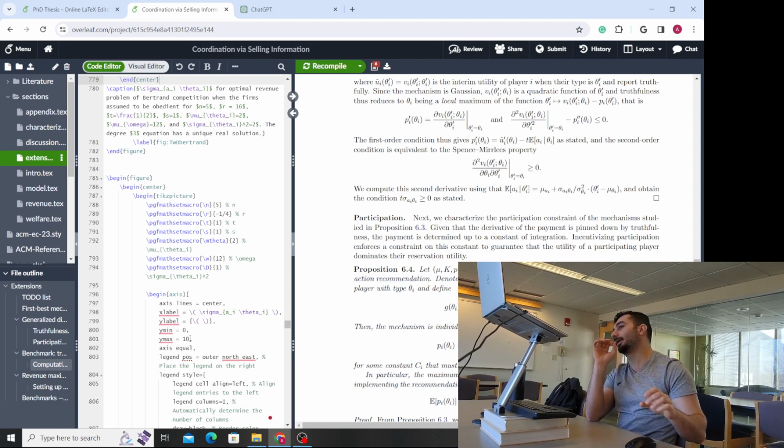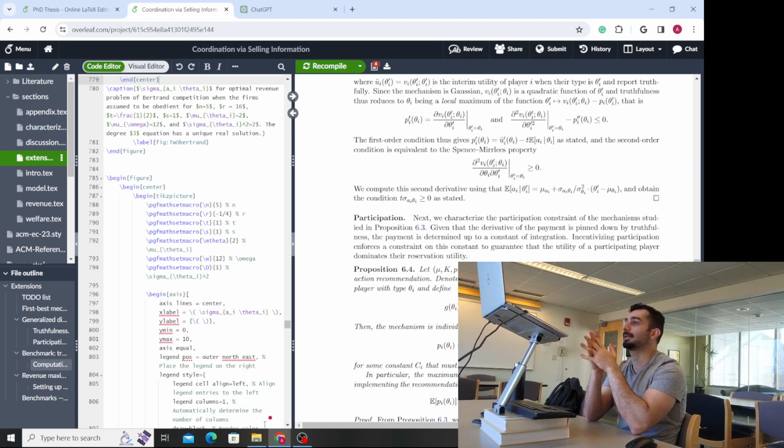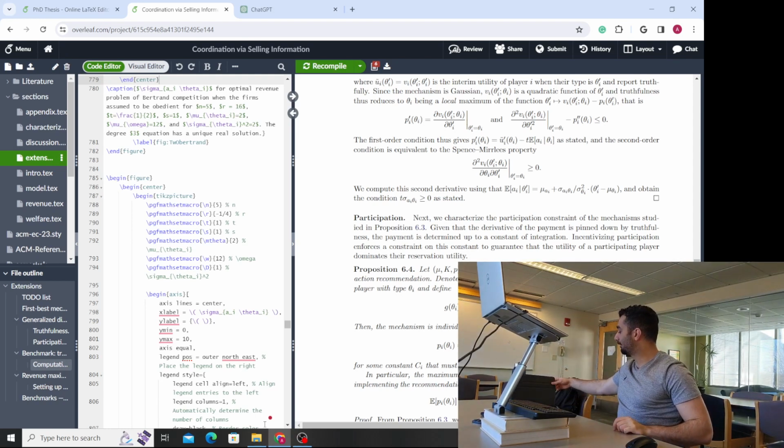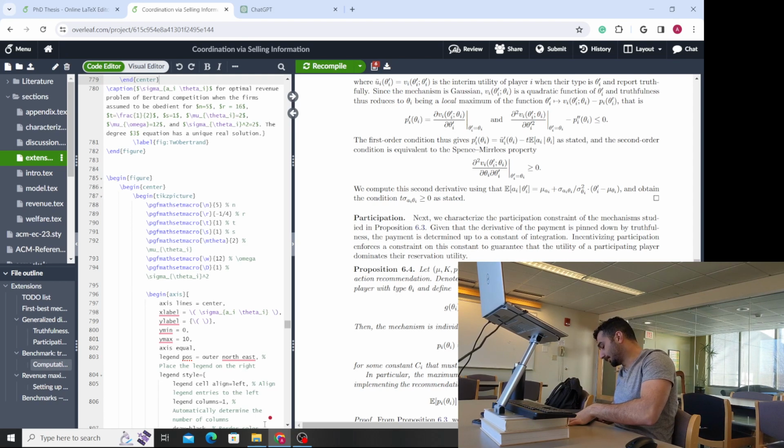So that's good, because instead of saying without obedience, we can say truthful mechanism in which the players follow their action recommendation. From now on, whenever we say it, we want to say it the same way, at least in the text.